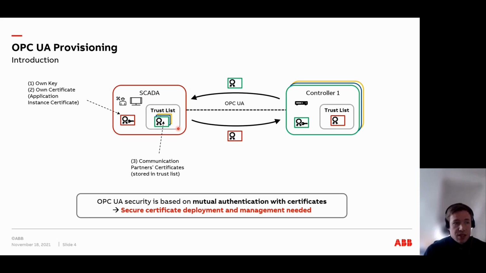The certificates in the trust list can be self-signed certificates, but can also be CA-signed certificates, which makes the management of the certificates a bit easier, so you have to store fewer certificates in the trust list. This mutual authentication with certificates provides rather strong security guarantees, but it also means that you need to deploy these certificates initially and also manage them during operation.